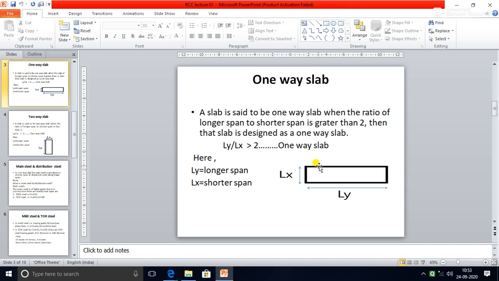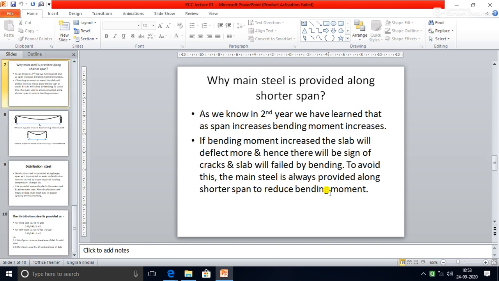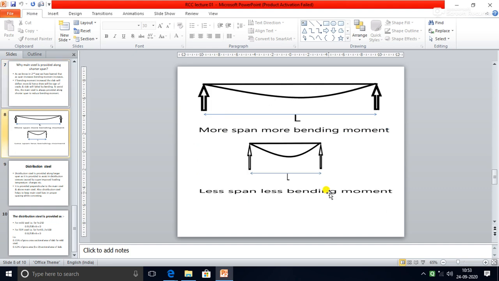If you provide the main steel in this direction, the shorter span direction, then the bending moment will be reduced. So when we provide the main steel and distribution steel, we have to consider the longer span and shorter span. If we provide the main steel on the longer span, the bending moment will be more, and if you provide the main steel on the shorter span, the bending moment will be less.